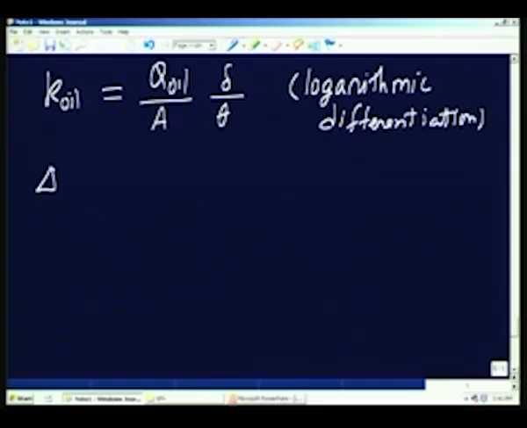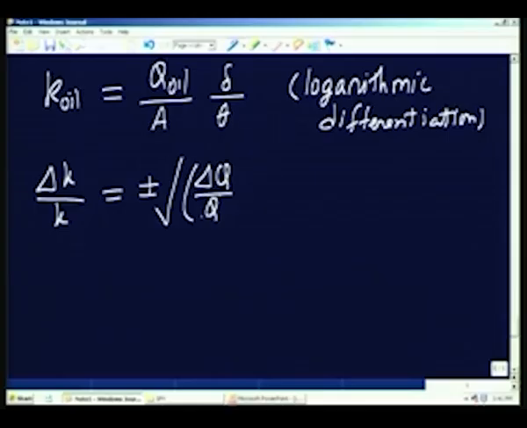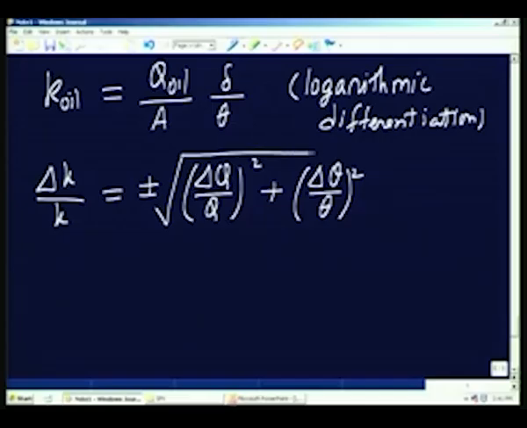and therefore, delta K, I will drop the subscript. We know we are talking only about the K of oil. Delta K by K is equal to plus or minus square root of delta Q by Q whole squared plus delta theta by theta whole squared. And we have determined all the quantities earlier.